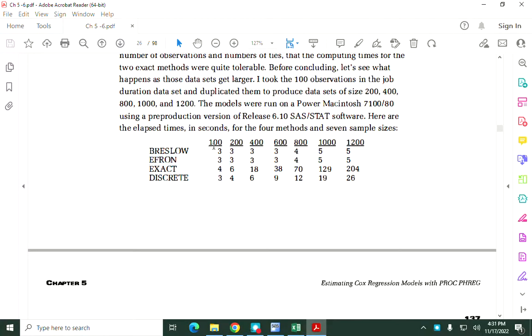So as your data set moves from 100 to 1200, the time just increases a little bit. But if you use the discrete or exact method, it is almost like 50 folds of time.